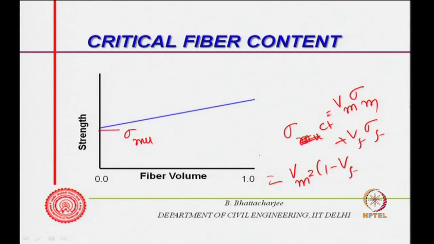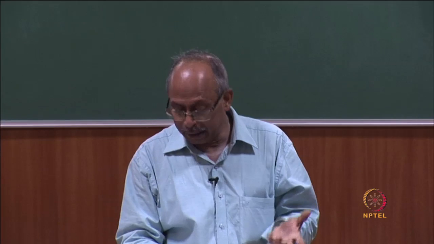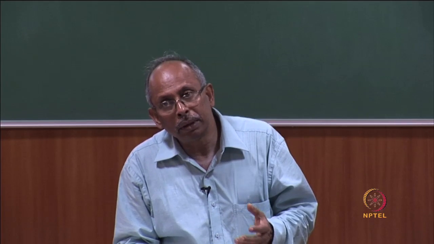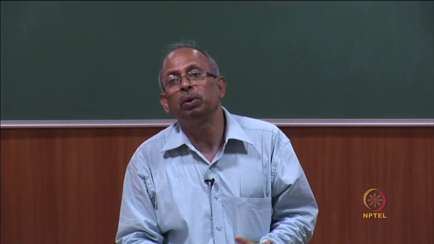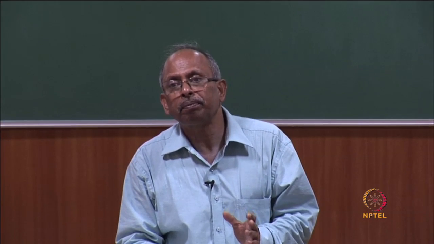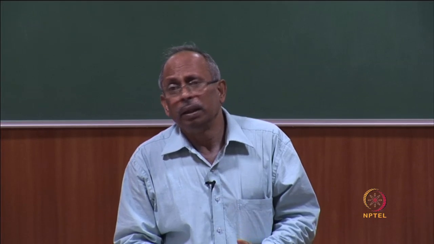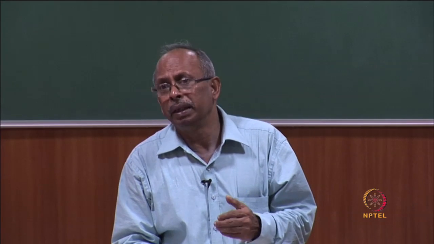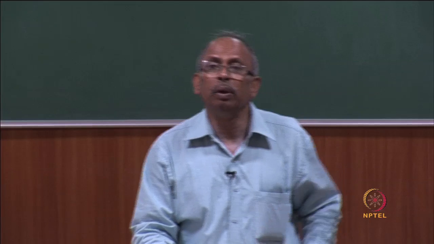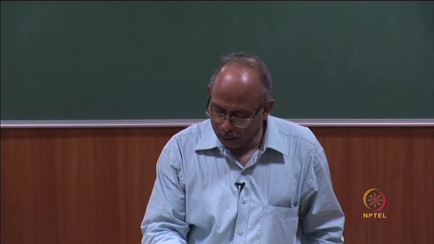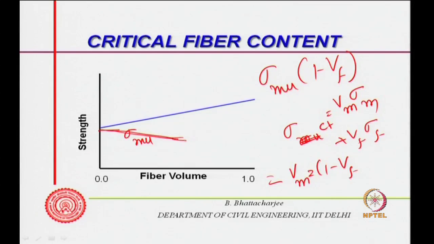So, I will write sigma m u into 1 minus V f at failure. Let me again tell you this: I am talking of the situation where the fiber is stronger than the matrix. There can be a situation where the fiber is weaker than the matrix, then of course, strength will reduce, and you will have a reduction in strength.